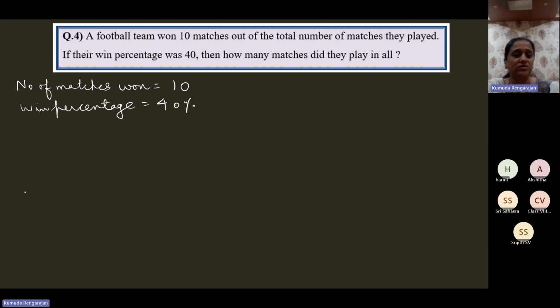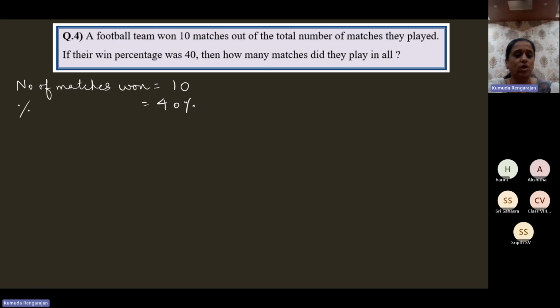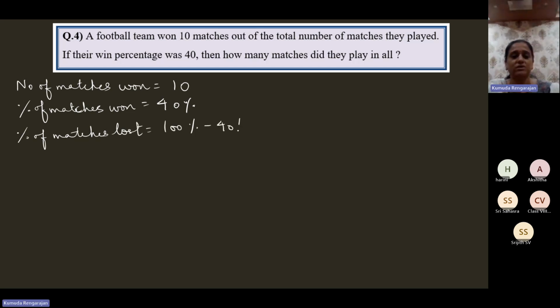Instead of win percentage, I'll write percentage of matches won, 40%. So the percentage of matches lost is equal to 100% minus 40%, so 60% of the matches they have lost.